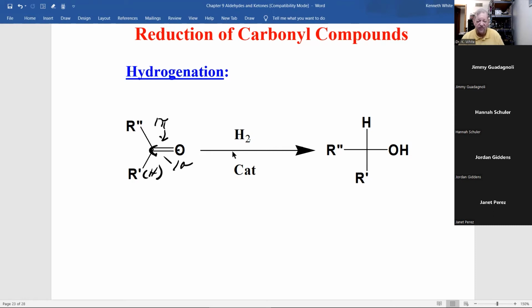If I add H2 and a catalyst, and a catalyst can be nickel, platinum, or palladium, you break the pi bond, and each atom of the double bond, in this case carbon-oxygen, gets a hydrogen. And this is a way of making alcohols from ketones.